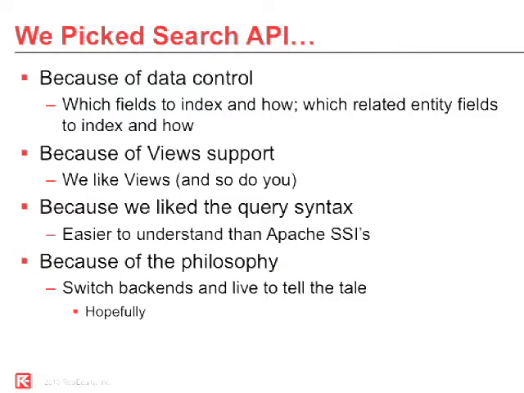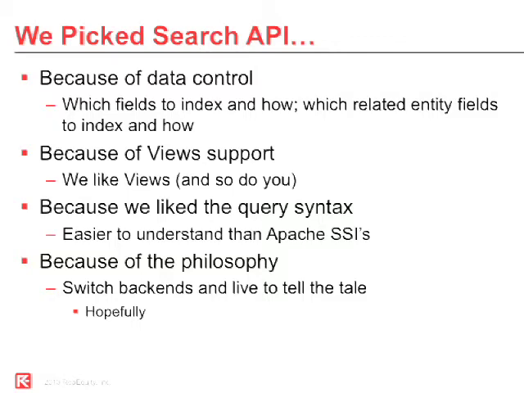However, we really like the way that Search API did it, which is one reason why we ended up going that route. The view support's killer. Like I say, when it comes to our actual core search replacement, if we didn't have that view support, it wouldn't have worked. We could not have used the Apache Solr Search Integration module without a ton of customization for this particular project. And we like the query syntax.